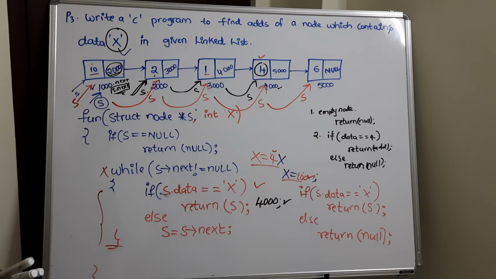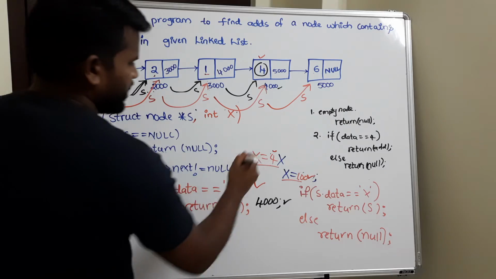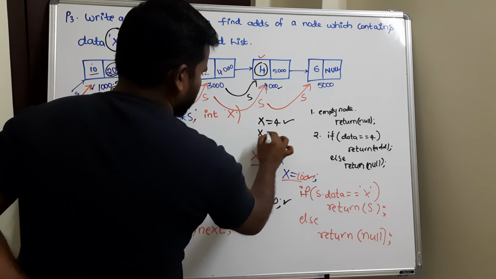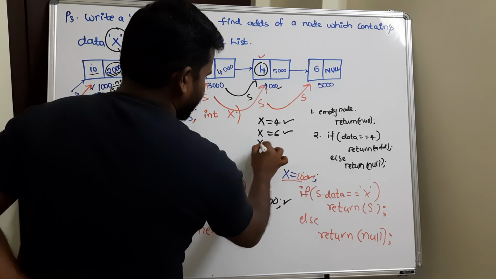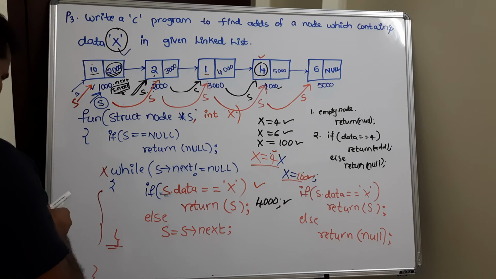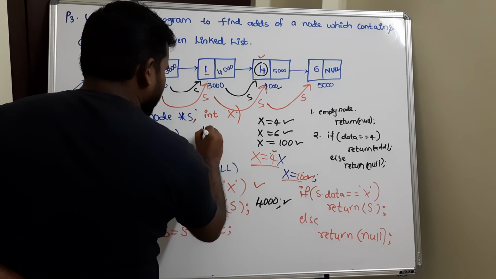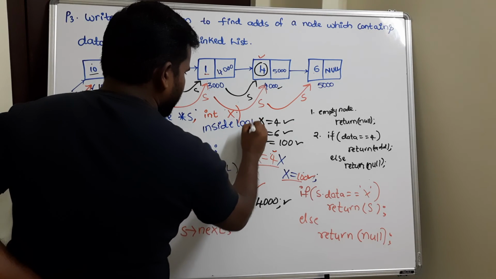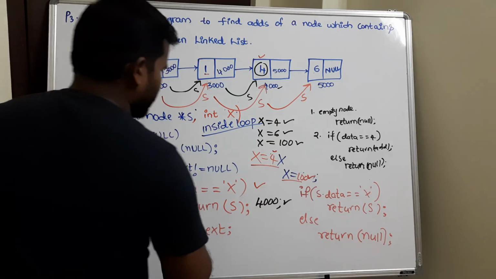You understood right here why I have changed x equal to 4 first, x equal to 6 second condition, x equal to 100. That is, see, when x equal to 4, then it will return inside the loop.